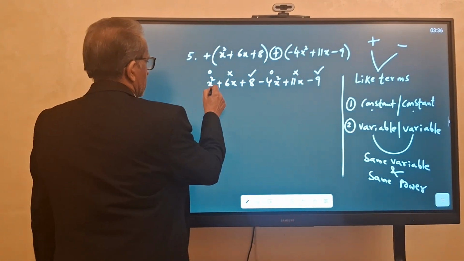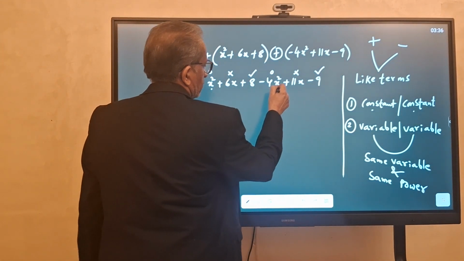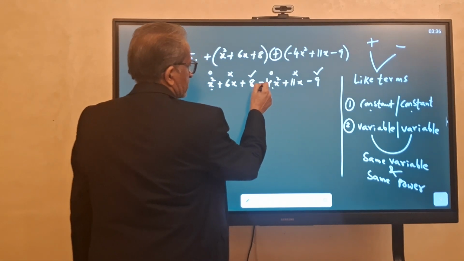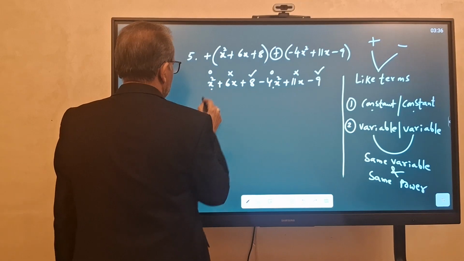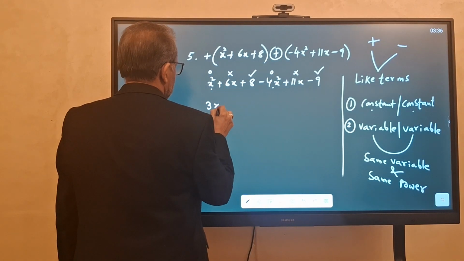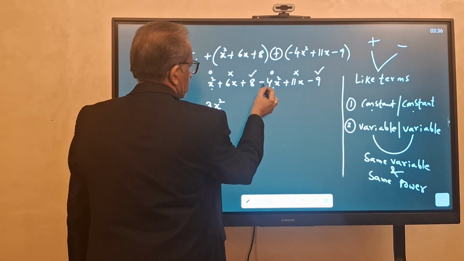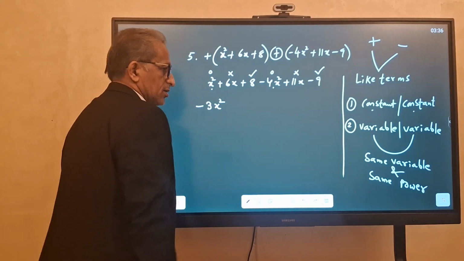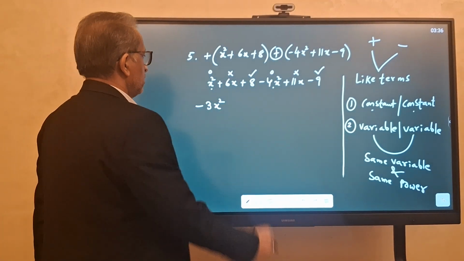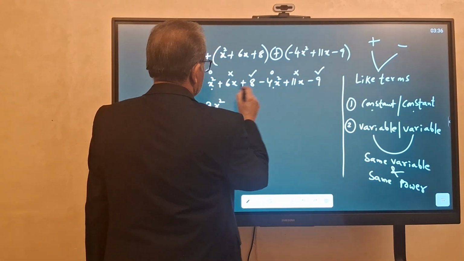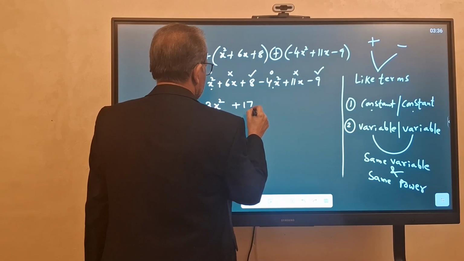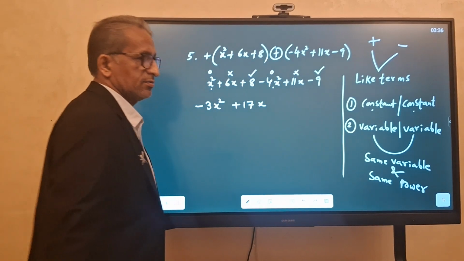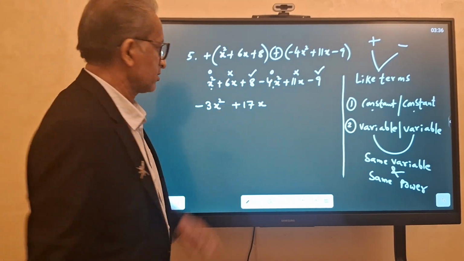So x square and minus 4x square I can subtract because of minus. So plus minus is minus, that is 4 minus 1, 3x square. The bigger number sign is minus, so it is minus 3x square. 6x plus 11x, both plus, therefore I add, so it is plus 17x, plus because they are plus.